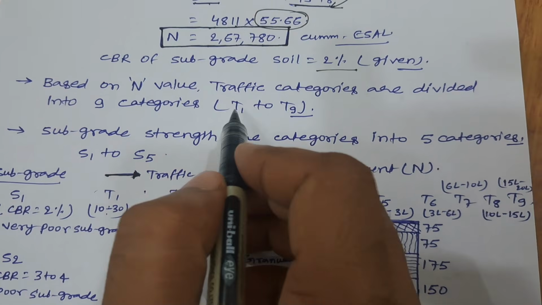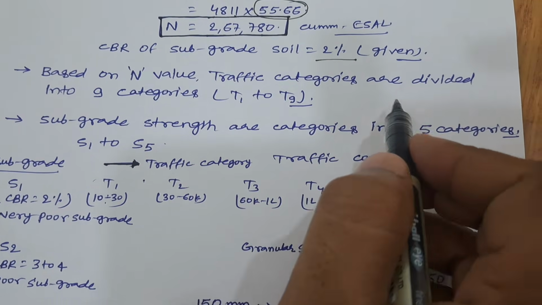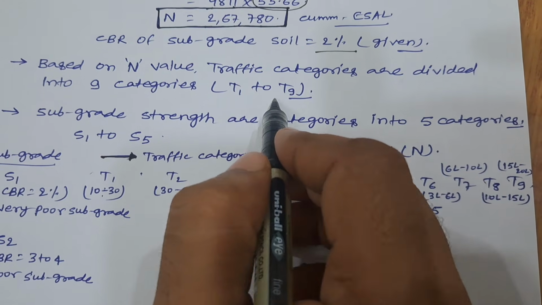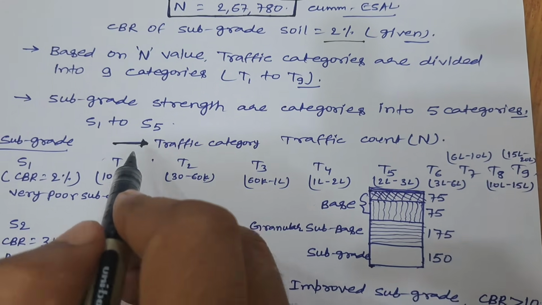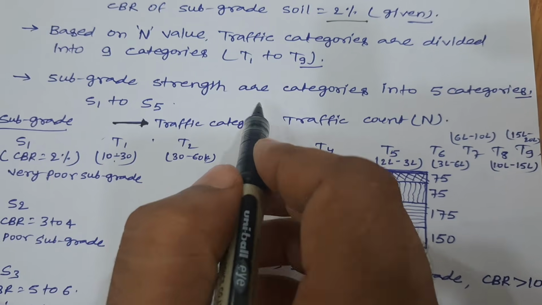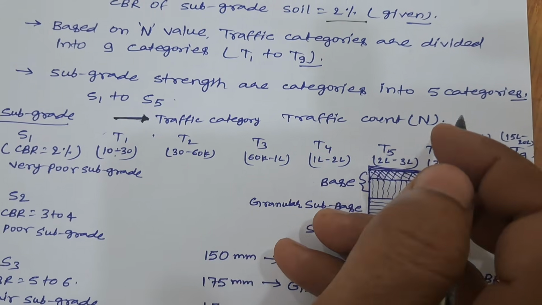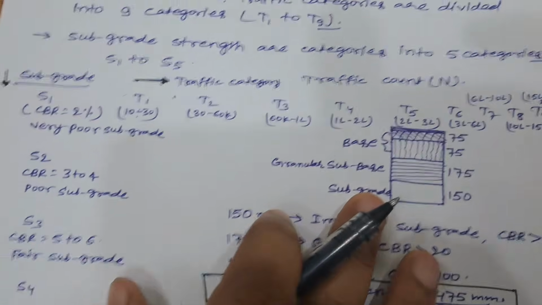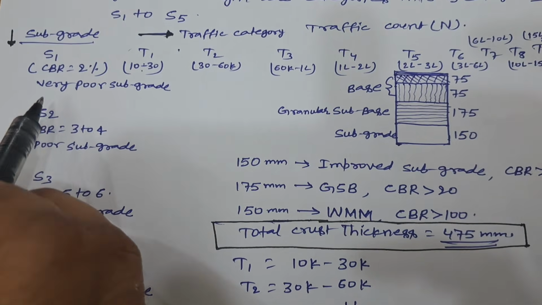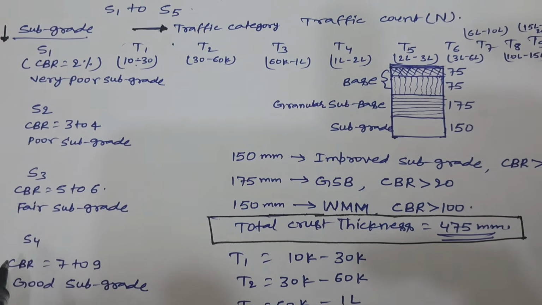Based on the value of N, the traffic categories are divided into 9 categories from T1 to T9, and based on the subgrade strength of CBR value, the subgrade strength is categorized into 5 categories, S1 to S5, like this: S1, S2, S3, S4, S5.